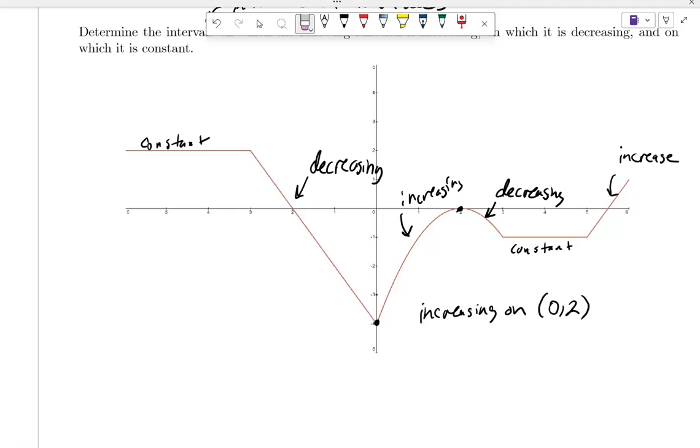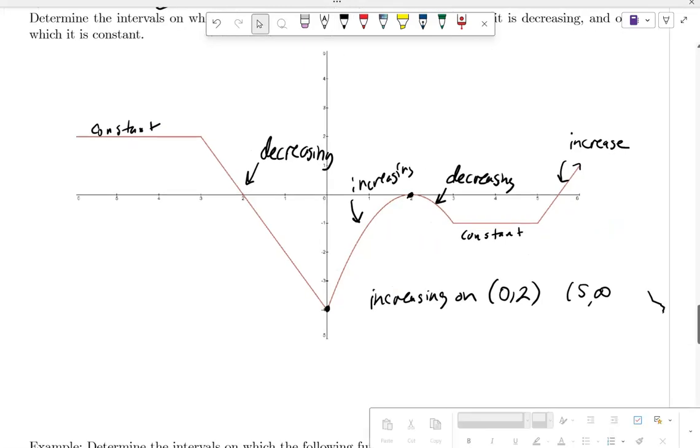Okay? And by the way, doing increasing, decreasing, constant, we always use parentheses for our endpoints. We don't ever have brackets. Okay? Where else did you say it was increasing? Well, let's assume it goes off forever. So 5 to infinity.